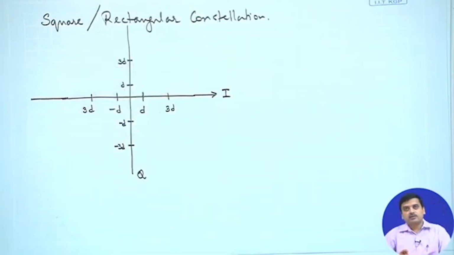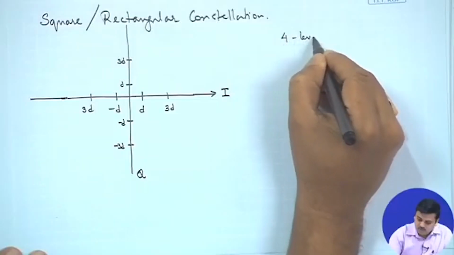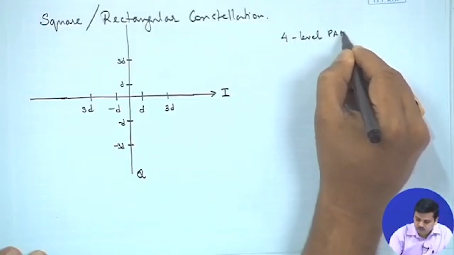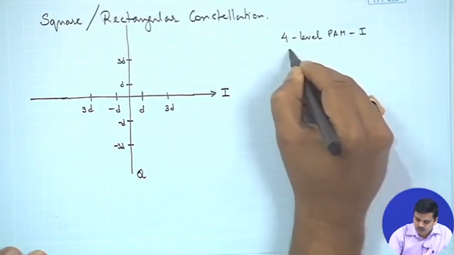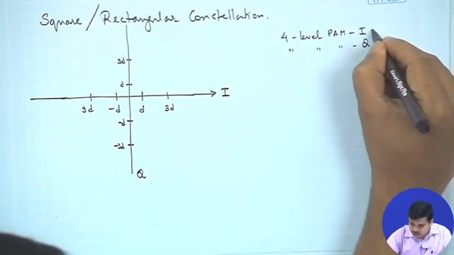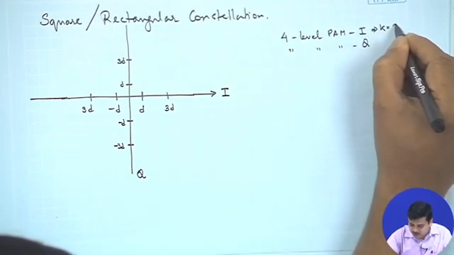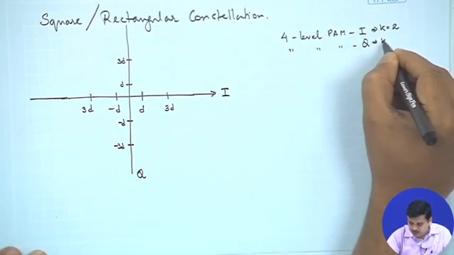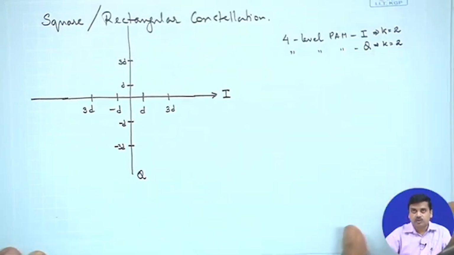So what we have done is we have combined a 4 level PAM on the I axis with a 4 level PAM on the q axis. So this would mean that k equals 2 in the I axis, and k equals 2 in the q axis.